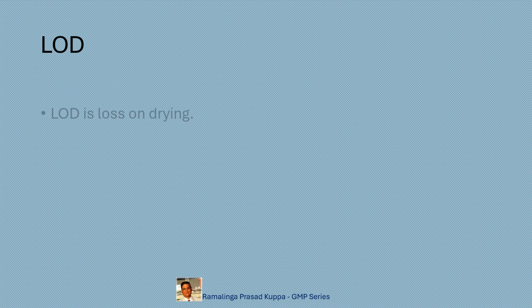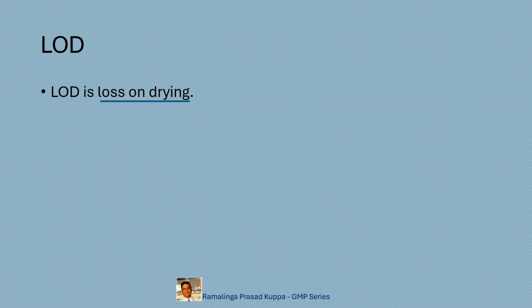LOD. LOD is loss on drying. Conceptually, in this test, the product is dried at a specific temperature where the residual solvents in the product evaporate. This helps estimation of the residual content. There will be an acceptable limit for the LOD content.